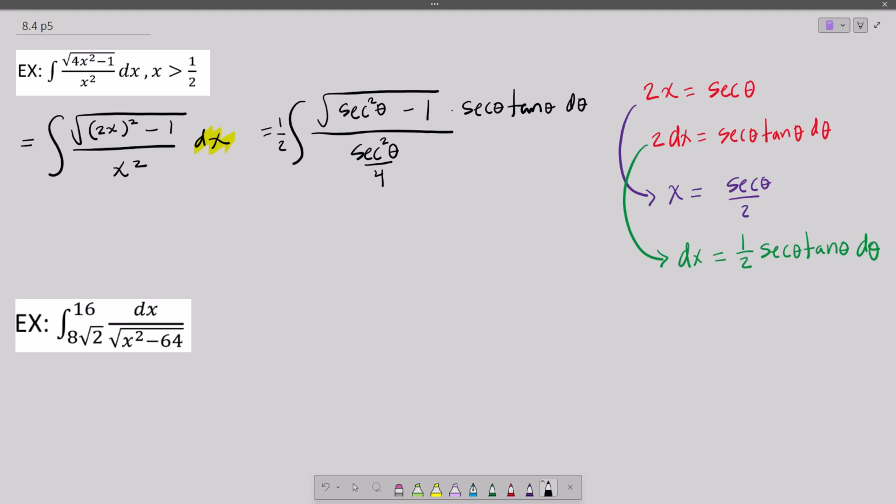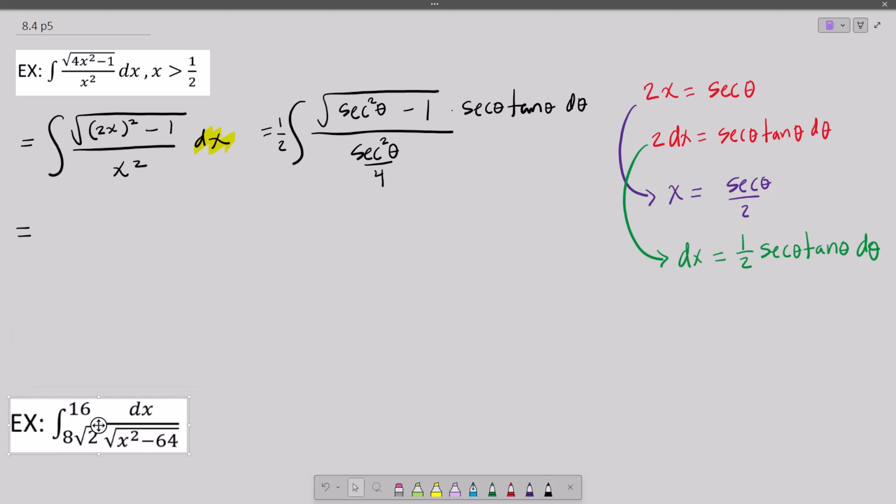All right, we got all that business going on. That division by 4 in the denominator becomes a multiplication into the numerator, so that 4 comes out to the front. 4 divided by 2 is 2. So we have that.